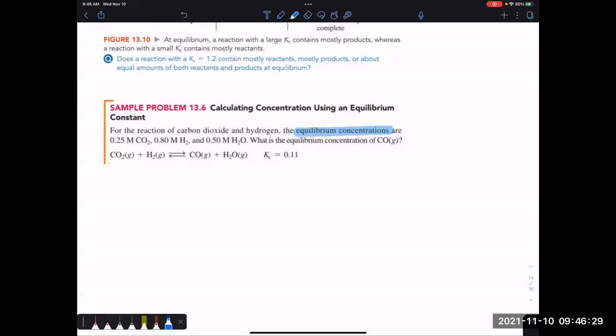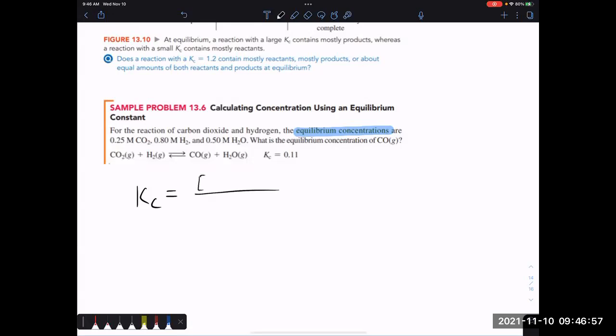So we're at equilibrium, and we know that we have a concentration of CO2, a concentration of hydrogen, and a concentration of water, and we're also given Kc. So we can write our Kc or equilibrium constant equation and note that all of these are gases.